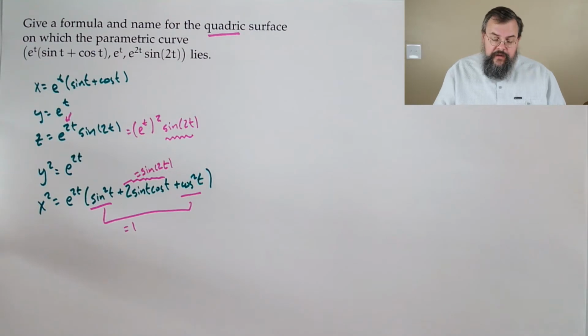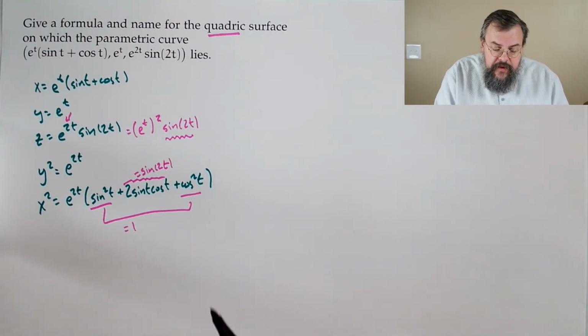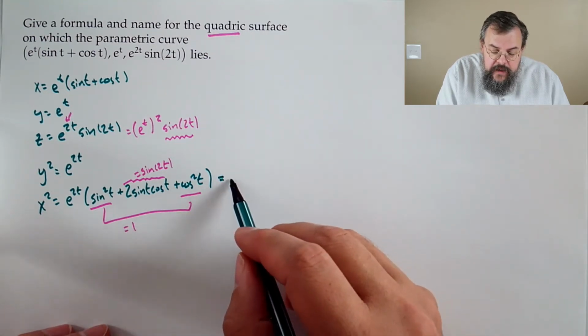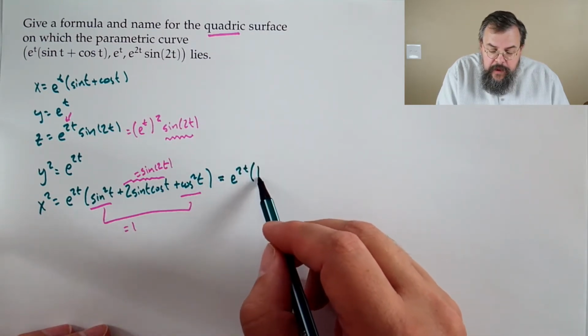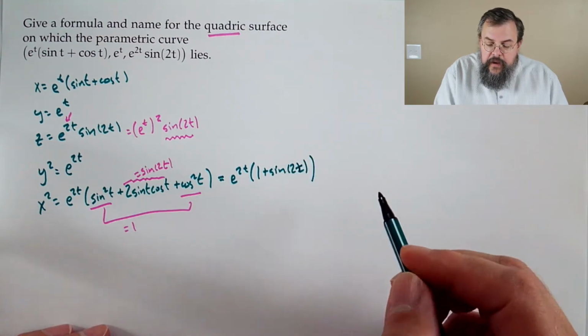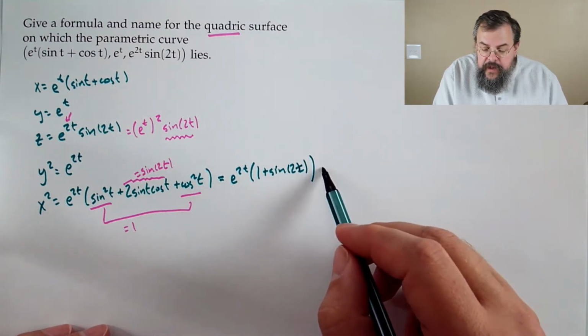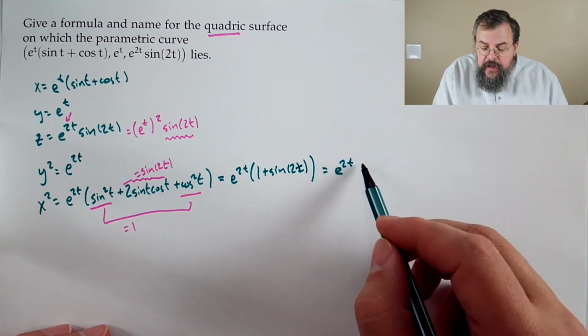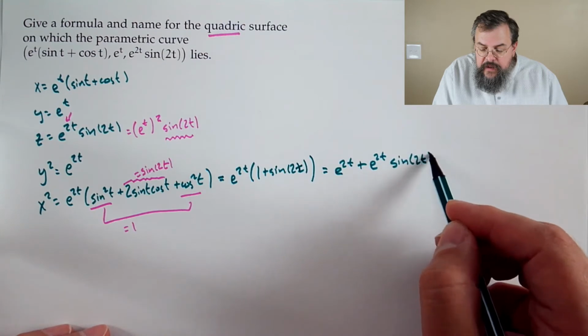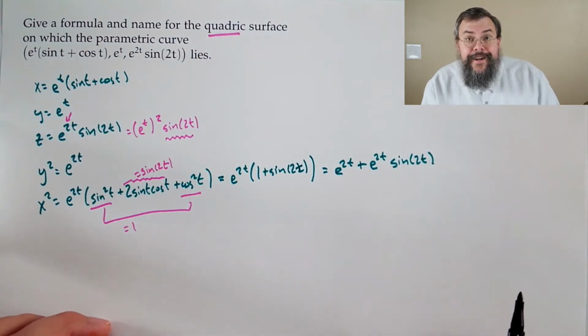So what does that tell us? Well, it tells us that x squared is e to the 2t times 1 plus sine of 2t, which we can distribute through. That becomes e to the 2t plus e to the 2t sine of 2t. Okay, all right.